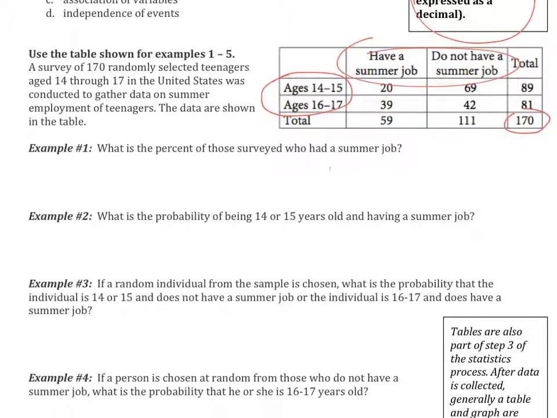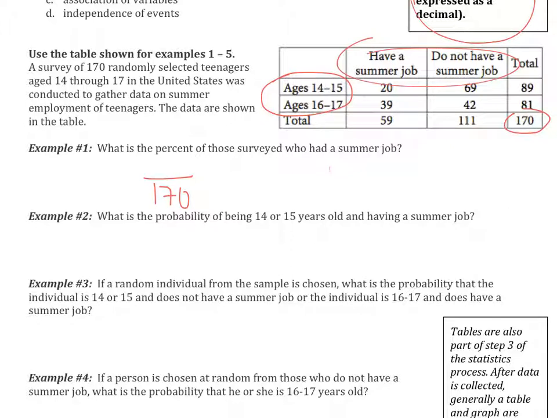So the first question is, what % of those surveyed had a summer job? Okay, so the way probability works is we're always going to start by expressing it as a fraction. The denominator of the fraction is all the people that are included. So in this case, what is the % of those surveyed? Well, I surveyed 170 people.